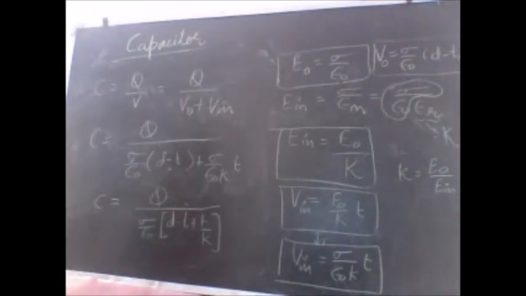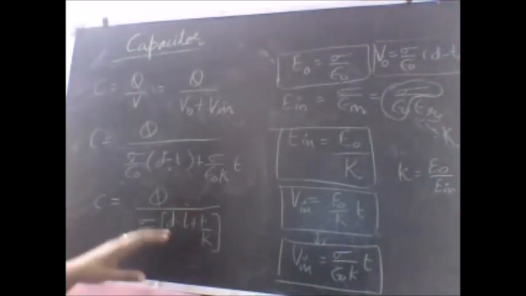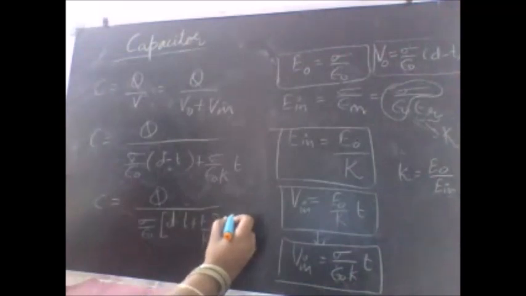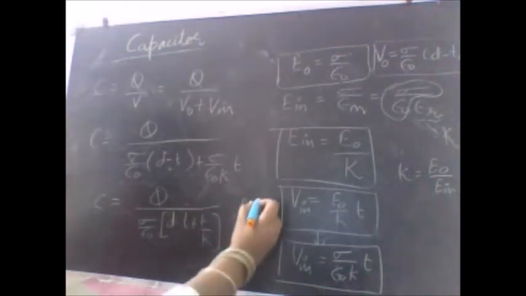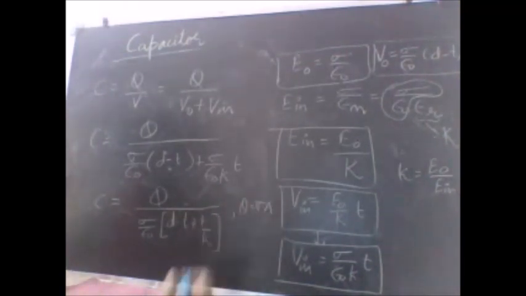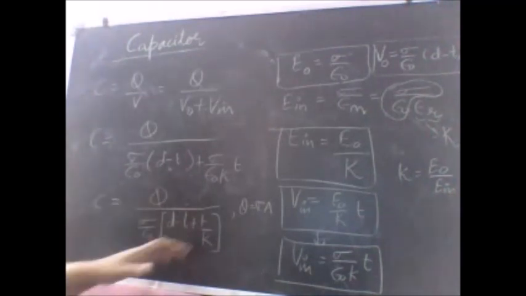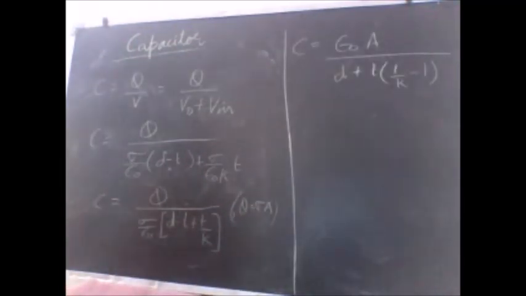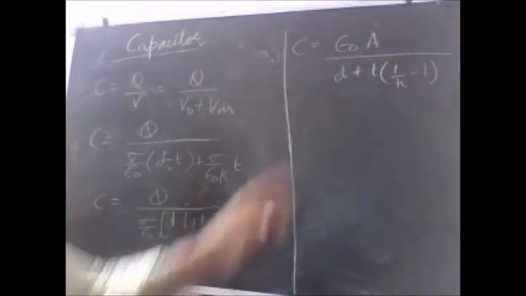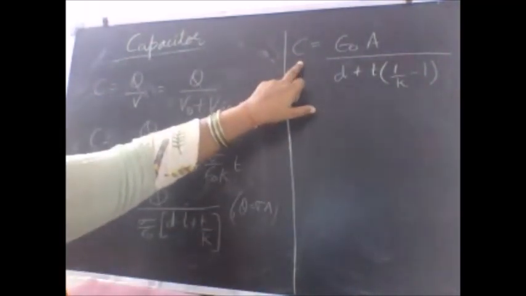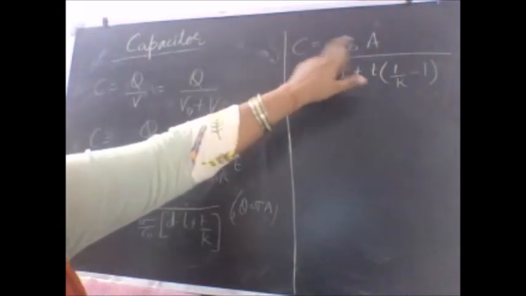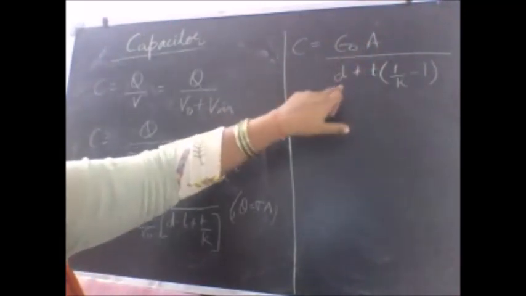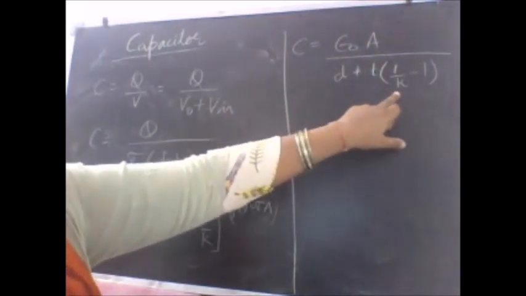So let us see what the final expression comes out to be after putting the value of Q is equal to sigma into A and taking this T common out. So that is the final formula for the capacitance. Have a look at this formula. This is epsilon naught A by D and the rest of the factor.